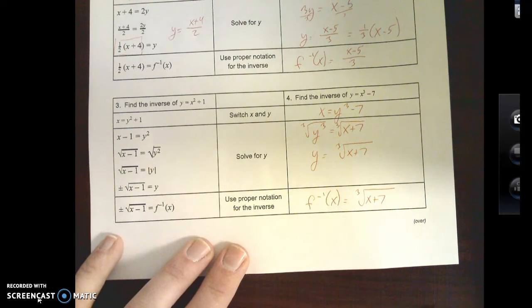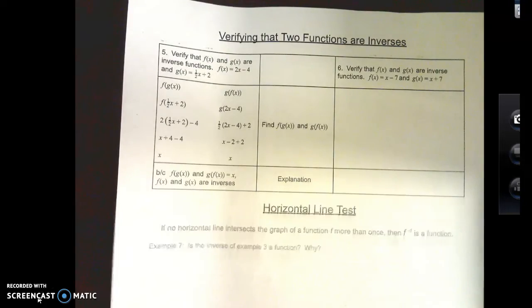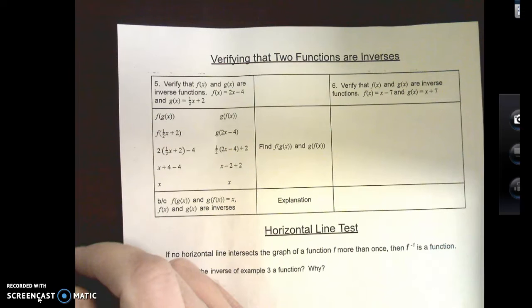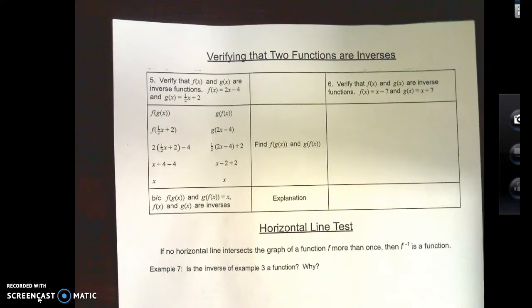Okay, very nice. So, on to the back. Very good. Okay, so here, verify. Now, this is a little more complicated. This actually kind of builds off what we did yesterday: verifying that two functions are inverses. To verify that f of x and g of x are inverse functions, we must take the composition of both.